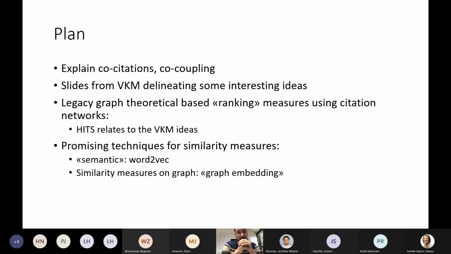And then I will speak a little bit about some promising novel techniques for similarity when it comes to text analysis, and also when it comes to citation networks.